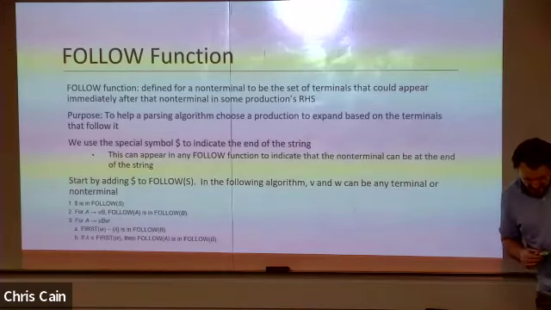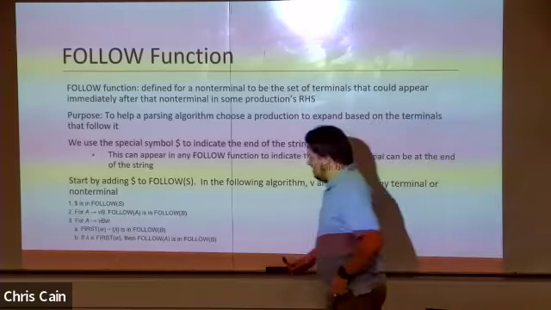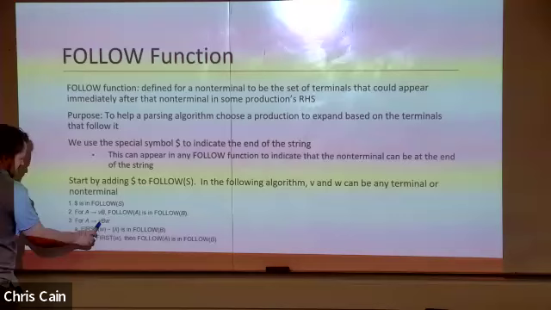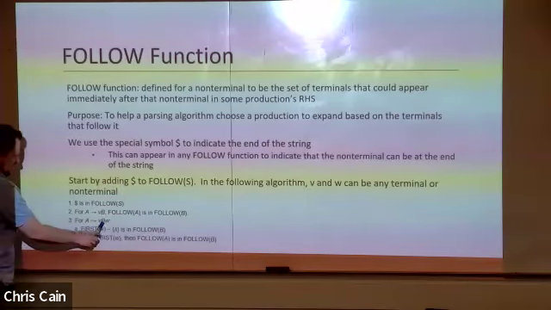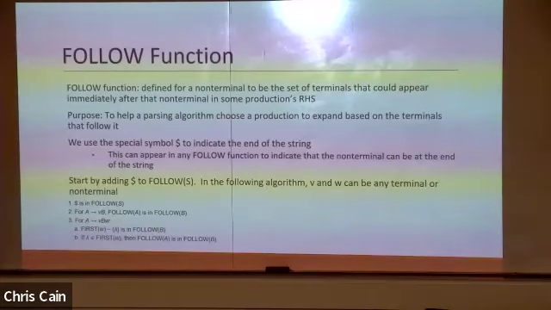Excellent. All right, now if we have something that ends with, say, A, where B's and W's can be any terminal or non-terminal, so we have some non-terminal in the middle of some production.